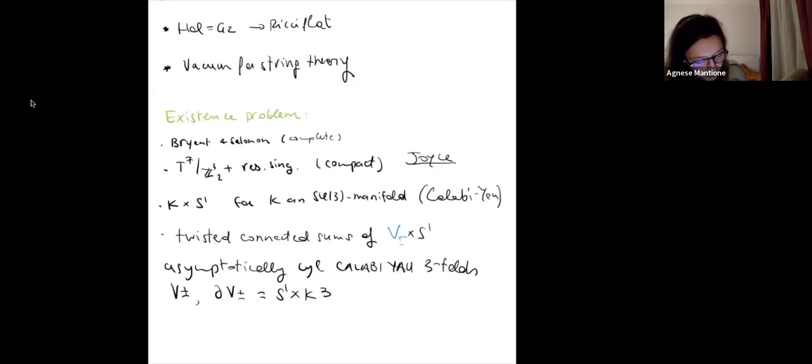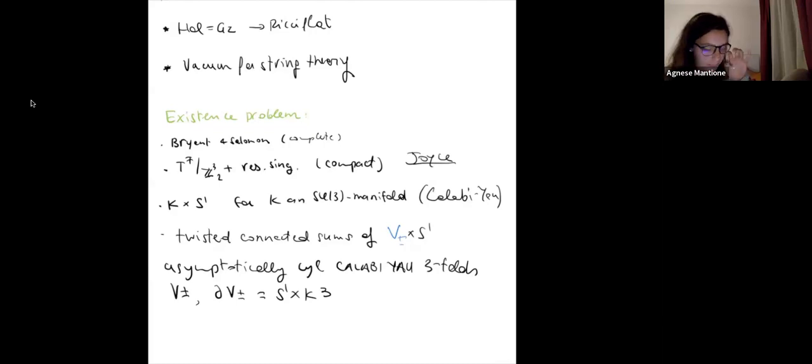What he did was take this space and resolve the singularities, and he was able to match the pieces with the specific metrics, and then he showed that the torsion was 0, and then the holonomy had to be G2.